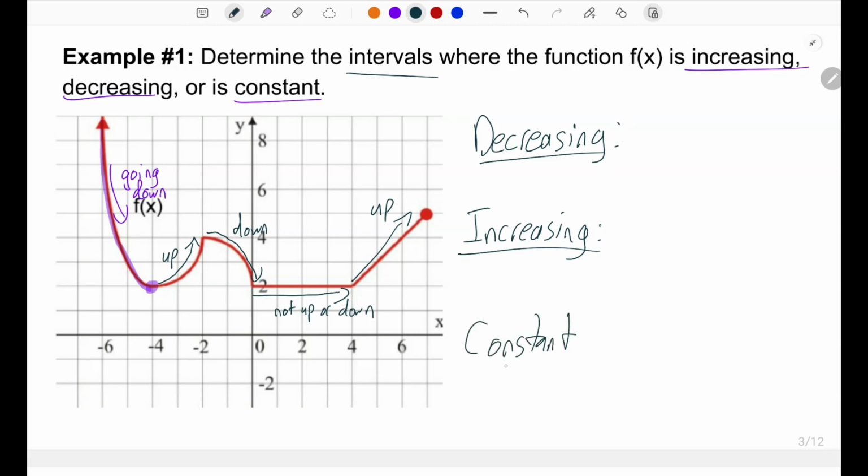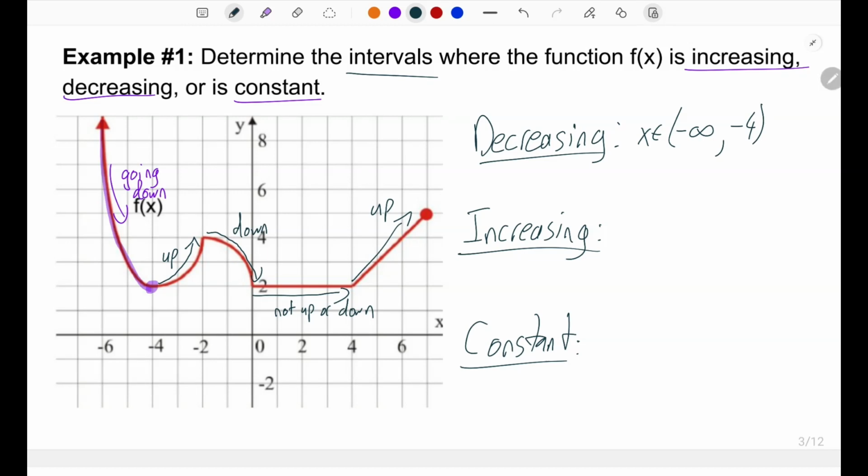Taking a look at these, we're decreasing from, I'll use our interval notation, x is an element of, well, the graph goes continuously to the left, so we can say we're starting at negative infinity, and eventually it seems like we hit that minimum at -4. We're not going to include -4, we're excluding that because that's going to be where we have, let's say, slope 0. So it's not going up or down at that point.